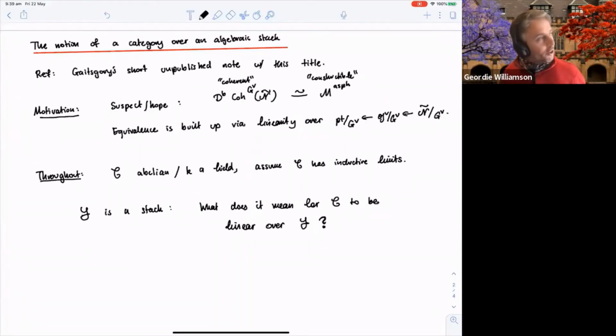Roughly speaking, we should be able to talk about what is happening near points of Y. We can imagine that in some sense this category is living over Y. This may not be for all of us an intuitively clear notion as Gaitsgory claims, but there is one case where it really is, which is when Y is an affine scheme. So let's do that case first.